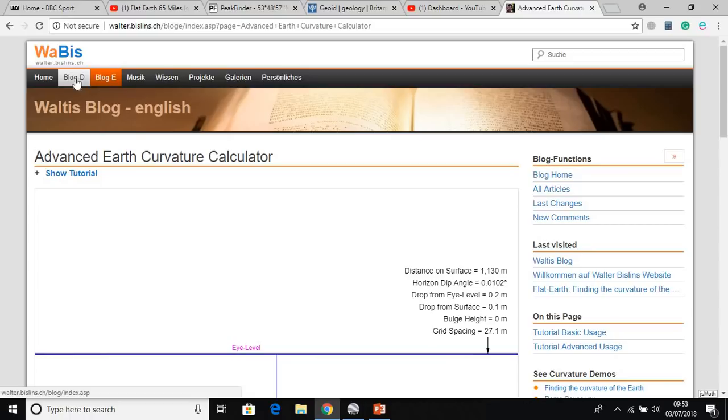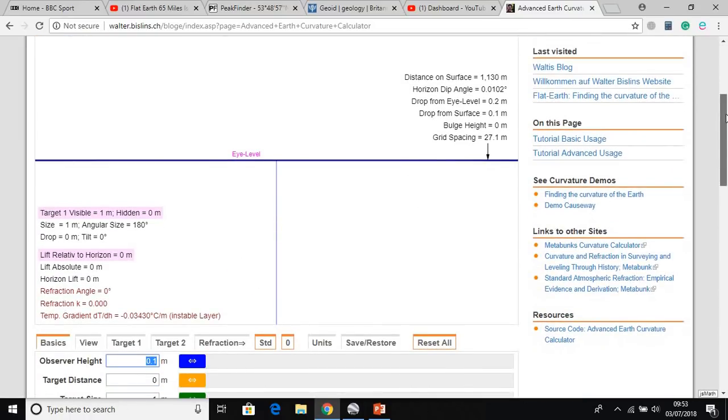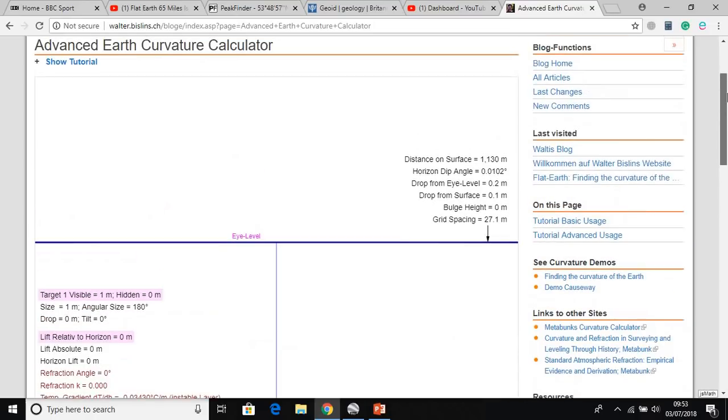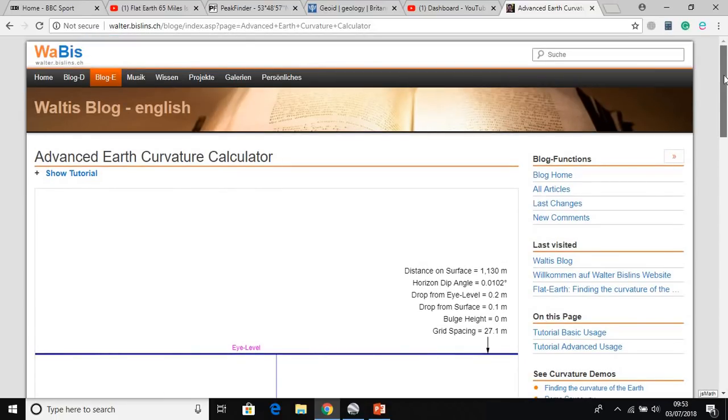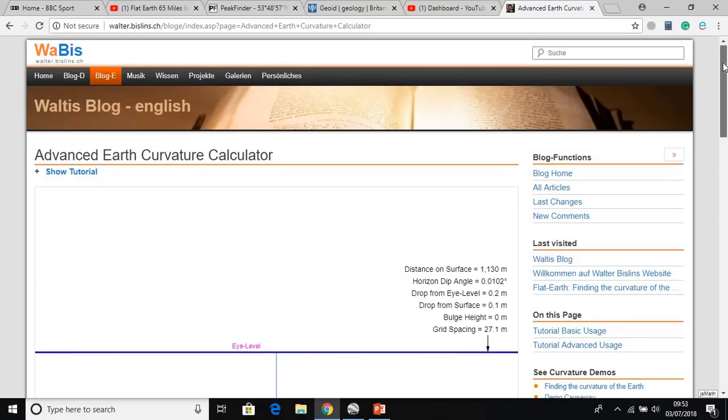He has his blog in German and English, and there's lots of resources on the blog of various observations that have been modeled for flat and for curved Earth, and you can go there and see what you think of the observations and whether they better match a flat Earth or a curved Earth.